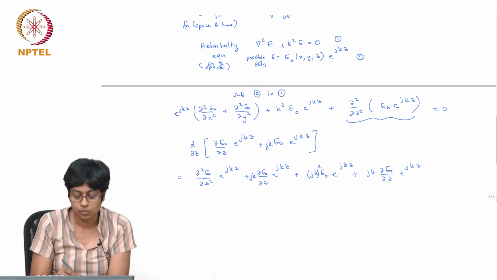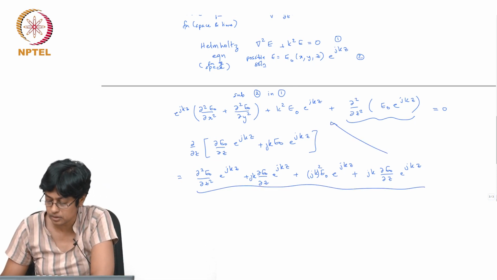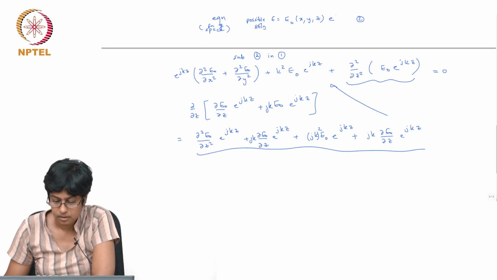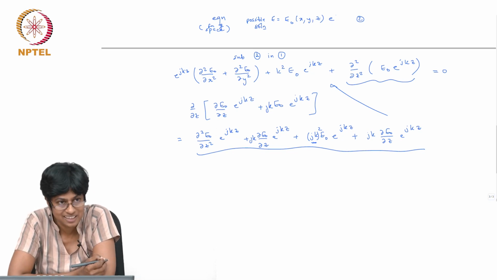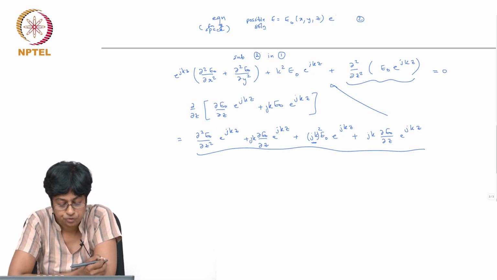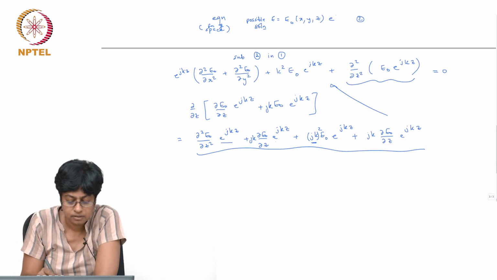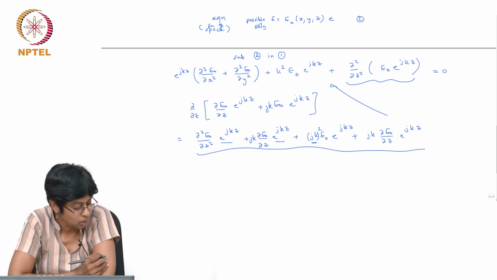So if I now write this part along with this equation, what will happen is I have a (jk)² here, so I have a negative term. Finally, every term has e^(jkz), so that's going to cancel throughout.